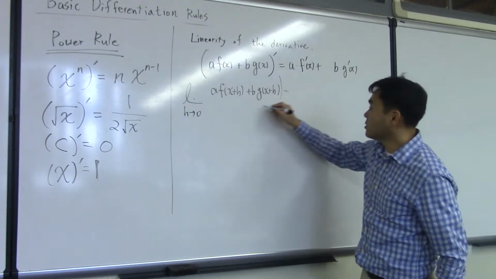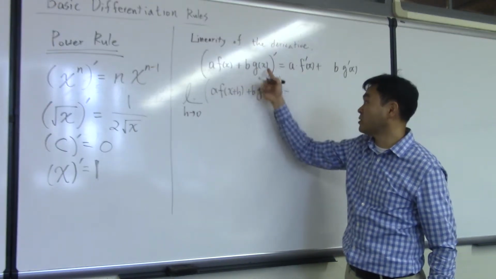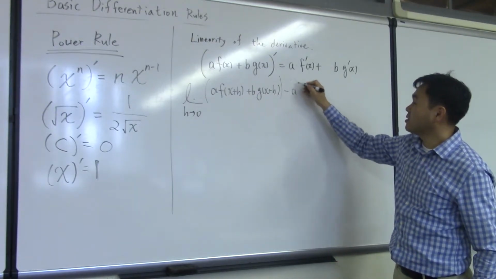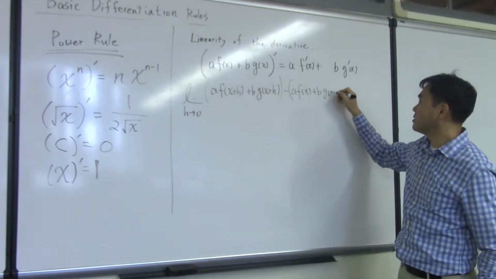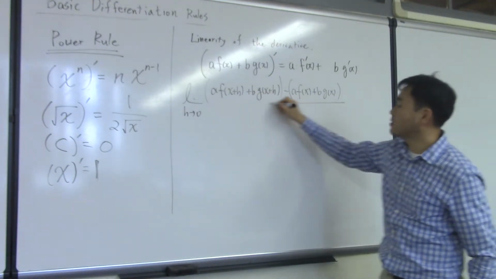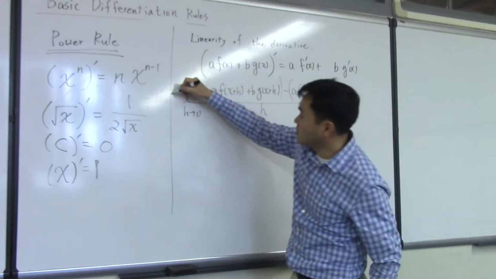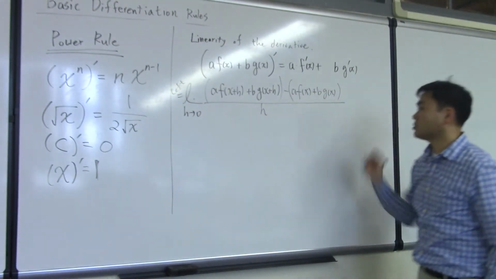Okay. So if I wanted to differentiate this function, you first have to replace x by x plus h and subtract the original from it. So that's the left side. Left is equal to that.